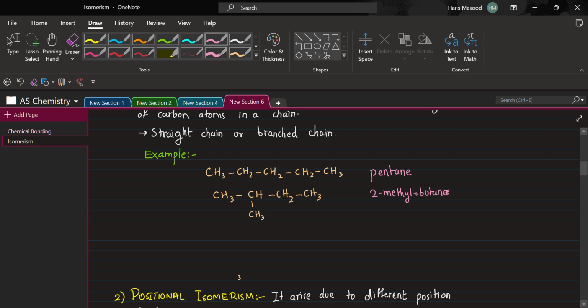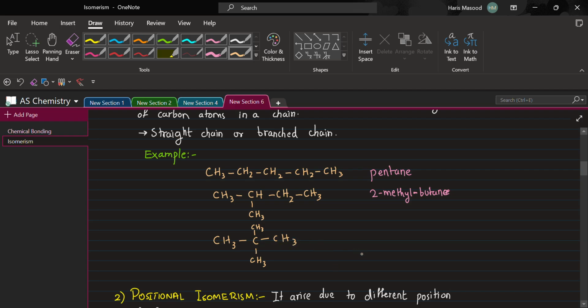In here you don't have to write a dash, you can just combine them. Now further, can you make more isomers of it? How? We can add CH3 here and add one more CH3 on the top.